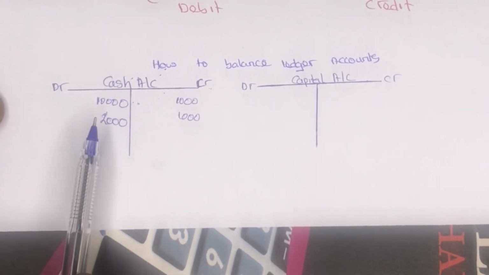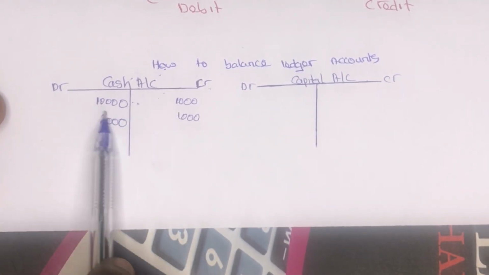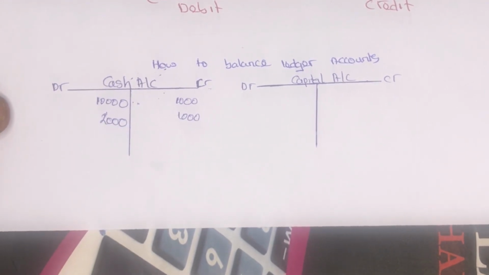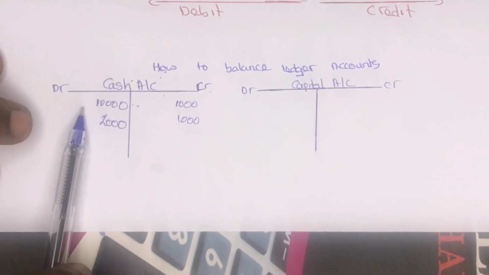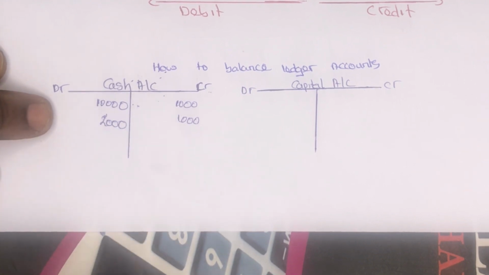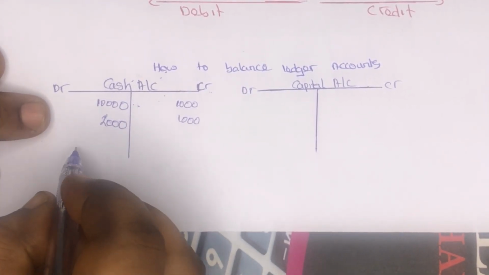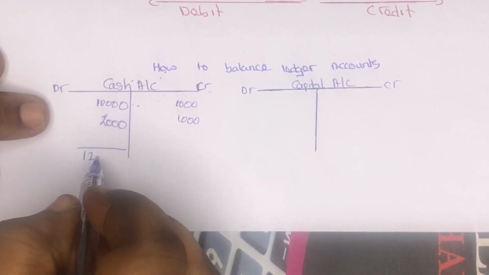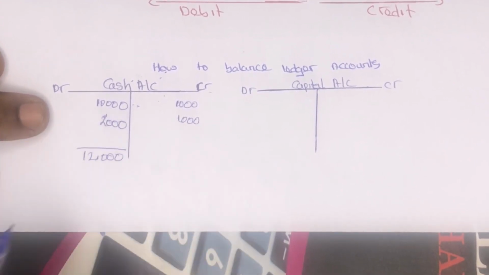So if you look at this ledger account, you will see that it is the debit side that is greater. So 10,000 plus 2,000, that is 12,000. We have $12,000 here.